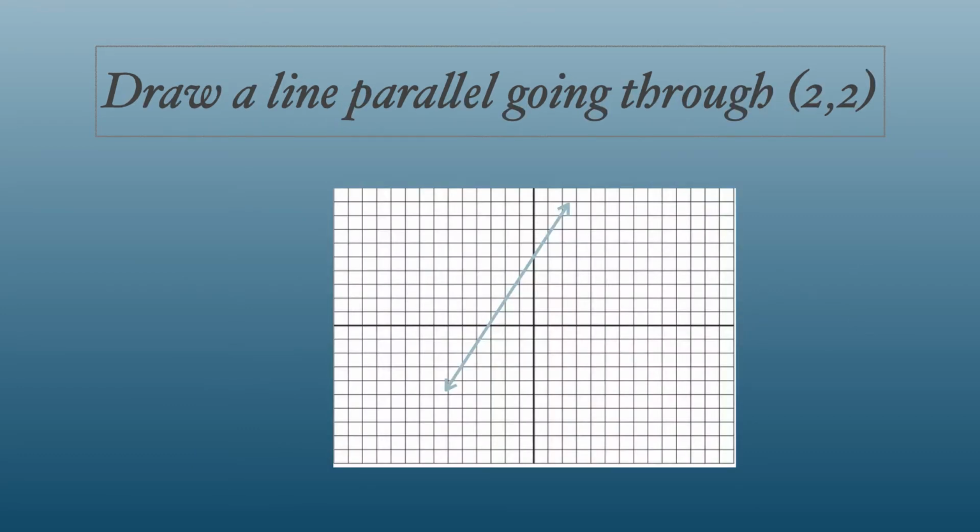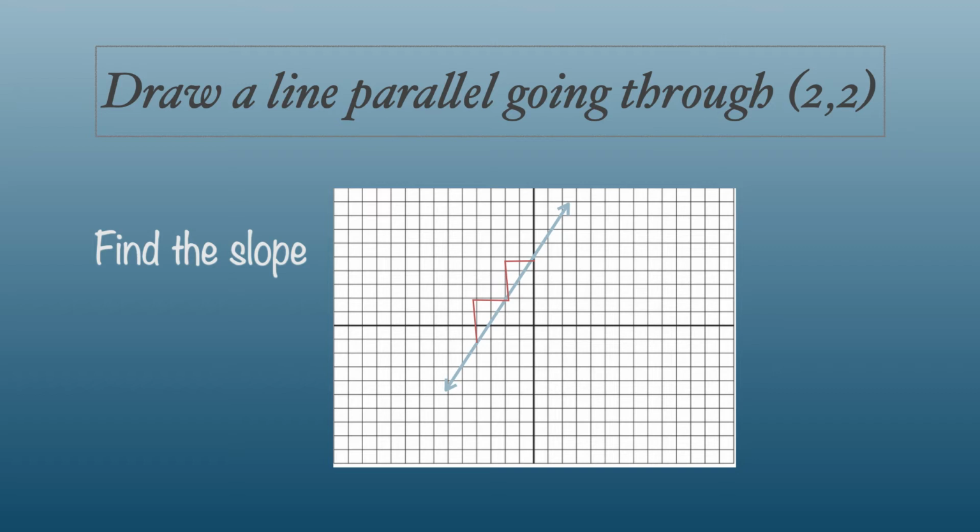All right, so what if we want to draw a line parallel going through point (2, 2)? Well, the first thing I have to do is find the slope. So I'm going to choose 2 points on that line where it intersects on my grid, and I'm going to count my rise and my run.